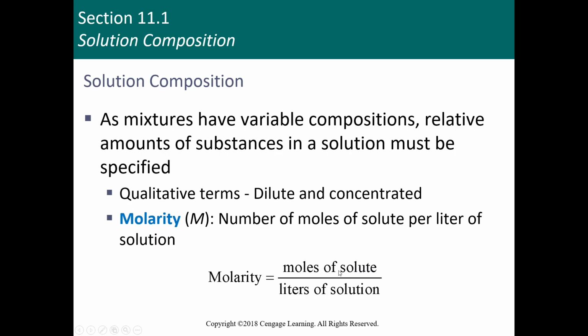And that's because you can just put it on the balance. You can use your periodic table to go grams to moles. And then you can just pour everything into a graduated cylinder or similar device and get the amount of liters. And so figuring out molarity in labs is very, very easy, very quick, very useful.